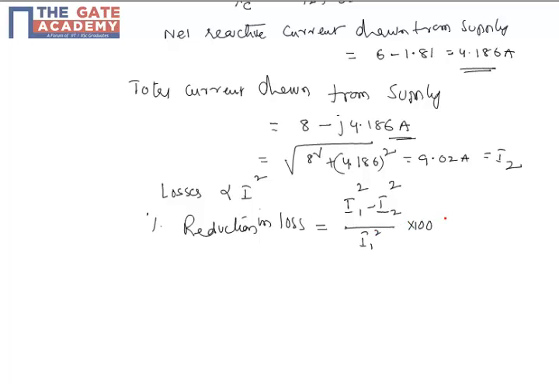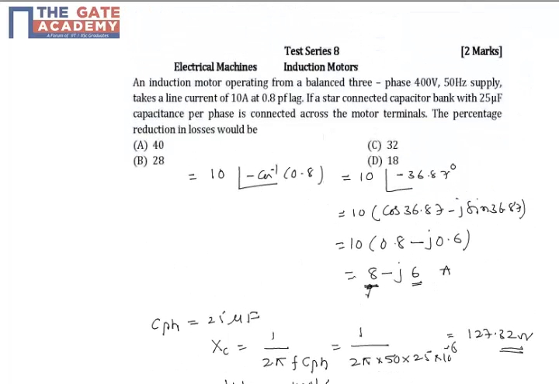So I1 you know, I2 you know. If you substitute, you will get 18.47 percent. So from the given options, the answer is 18, which is option D.